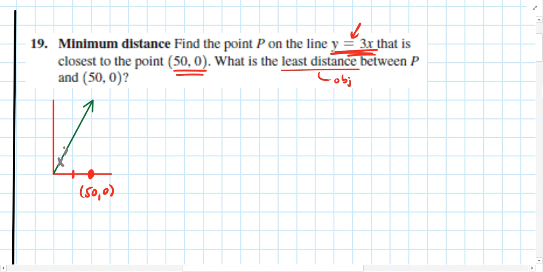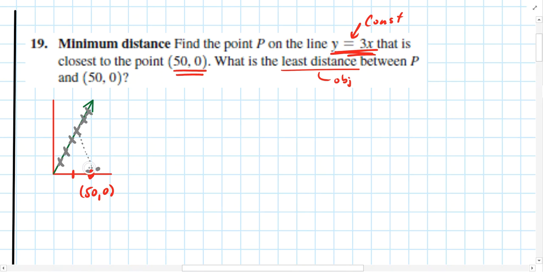Somewhere on this green line is going to be a point P, so that the distance between P and this point is the smallest. Now clearly, if we didn't have this restriction, if we didn't have this constraint, we could pick any point, say right here, and that would be pretty close to point P. Or maybe we can pick this point, and that would be pretty close to, I'm sorry, not point P, but this point, (50, 0).